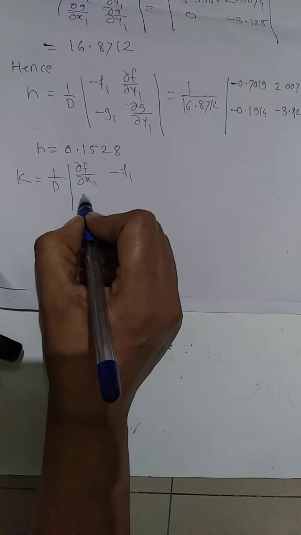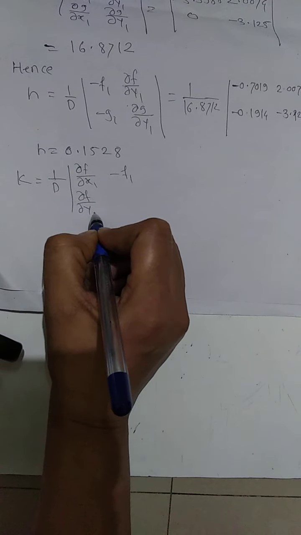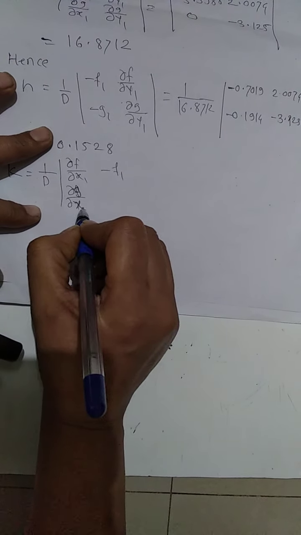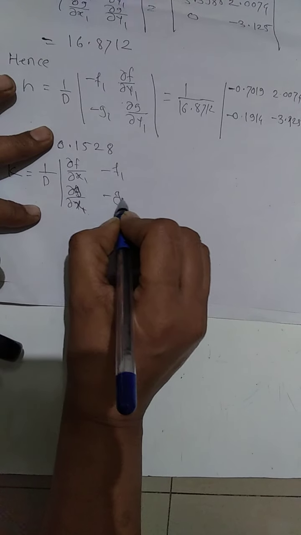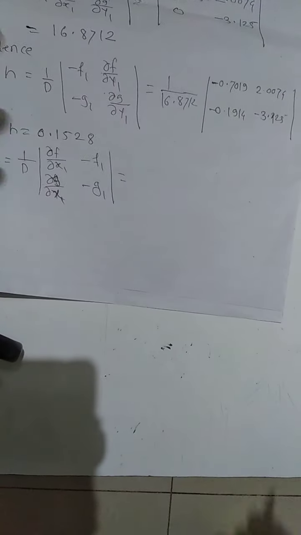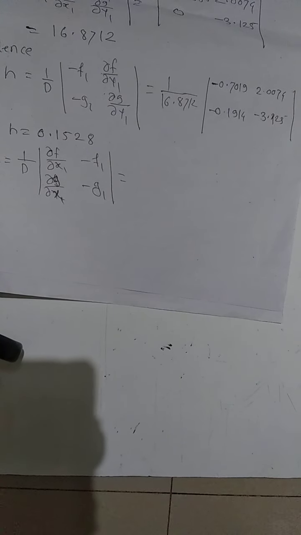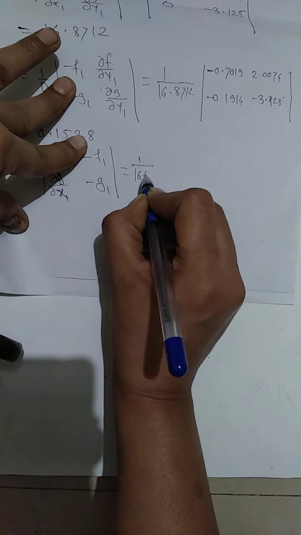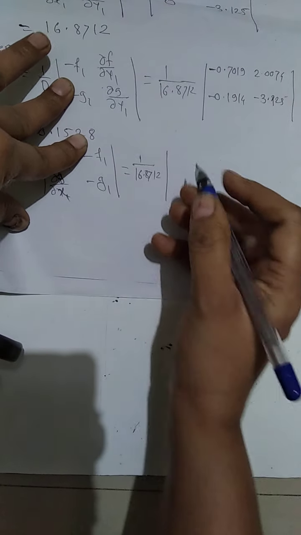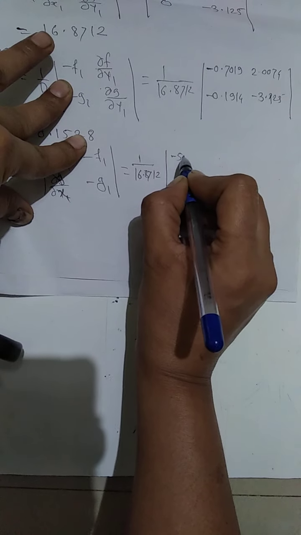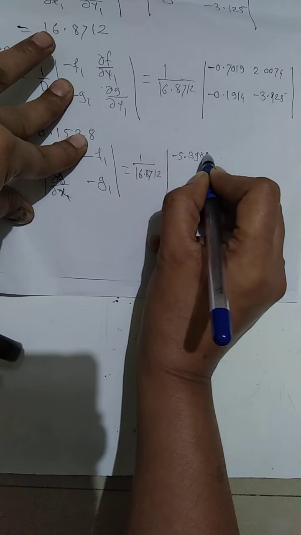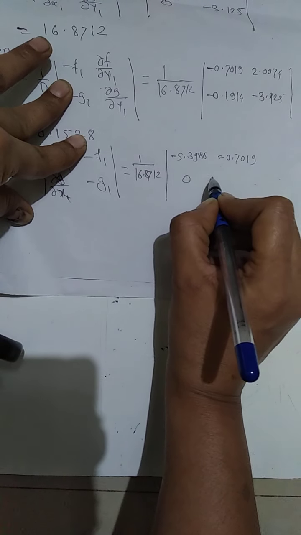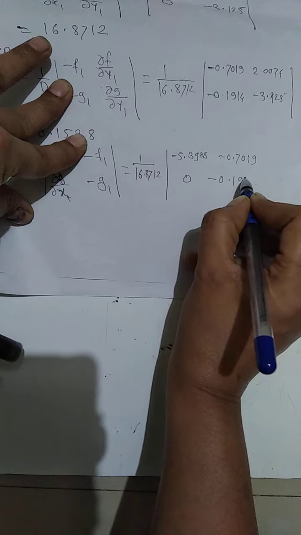minus f1 del f upon del y1, del g upon del x1 minus g1, putting the value of all function, that is 1 upon d means 1 upon 16.8712 mod of minus 5.3988 minus 0.7019, 0 minus 0.1914.